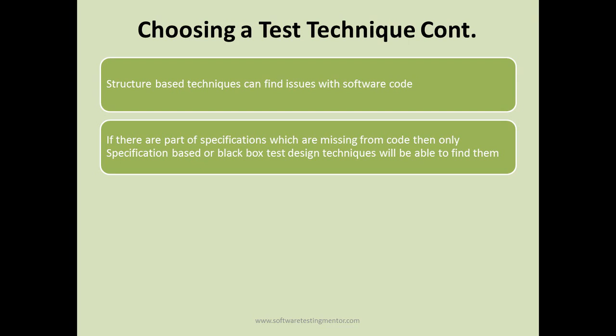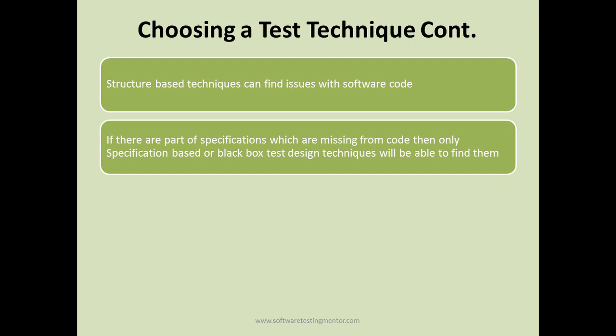If the requirement says that functionality 1 should be there in the build that is delivered by the developer, and you have test cases for that functionality, but the code doesn't have that functionality, your test cases that you have designed using black box test design technique will be able to find out that that functionality is not available in the code.